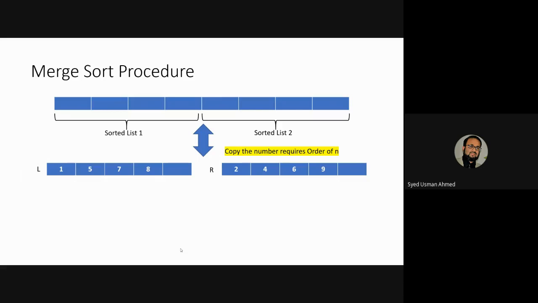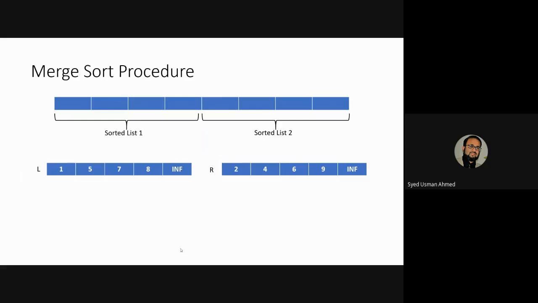Copying requires order of n operations, because there are n numbers and n spaces, so we require order of n transactions to copy all these numbers to the new lists L and R. Now at the end of L and R there is an empty space which will be populated by a term called infinity, or in practice some number which is very big in comparison to the numbers stored in the list. Why we use infinity will be clear once we see the workflow in detail.